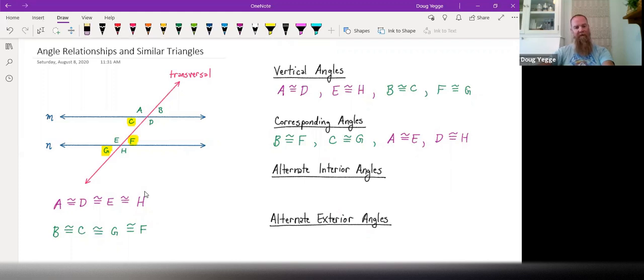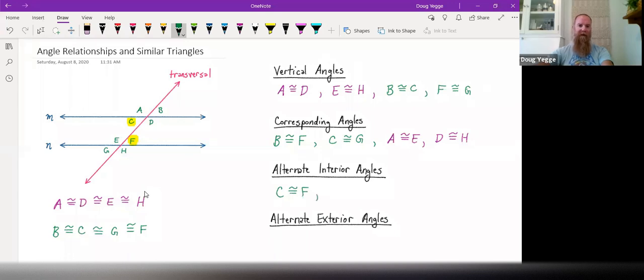So now get rid of G and realize that C and F are in fact congruent to each other. Okay, and so the way that we describe that is that C is congruent to F by alternate interior angles.